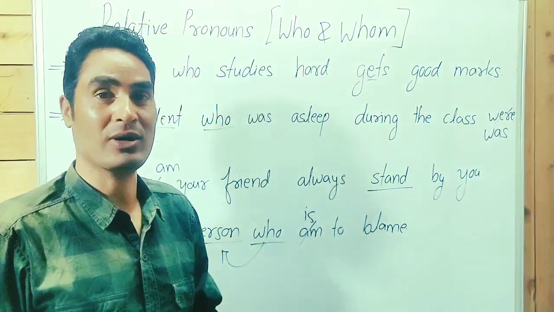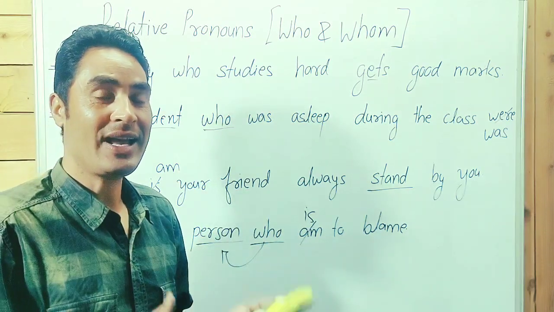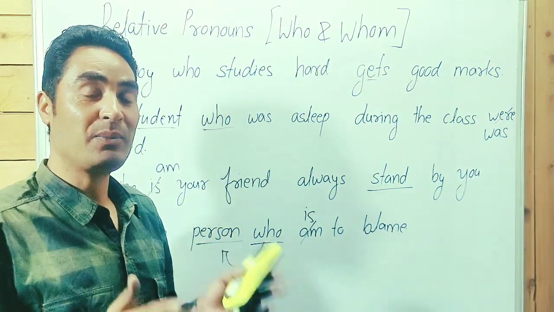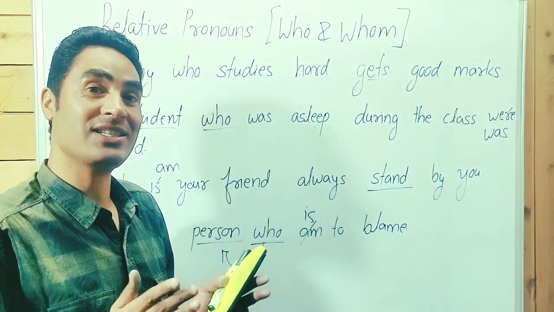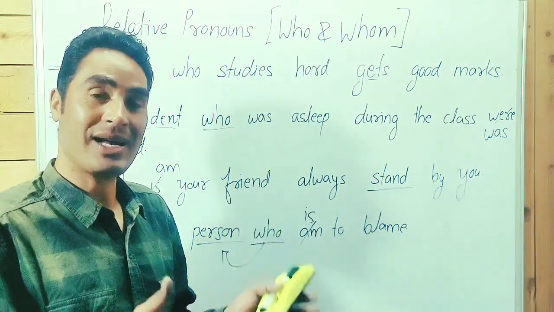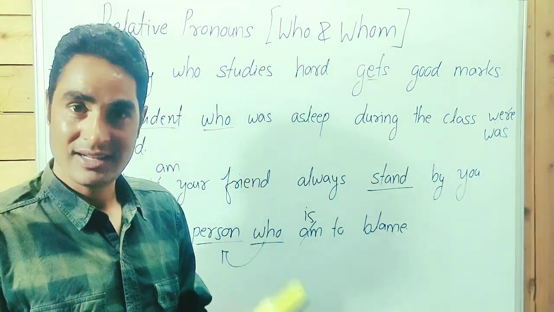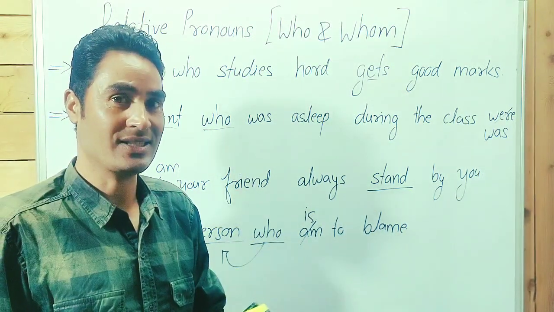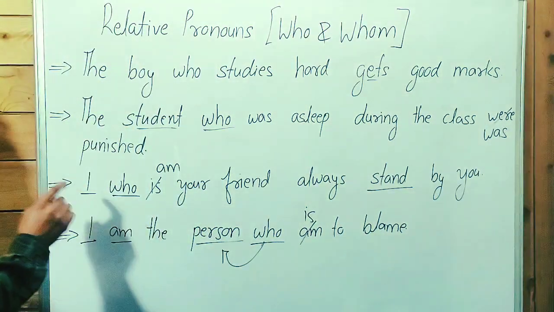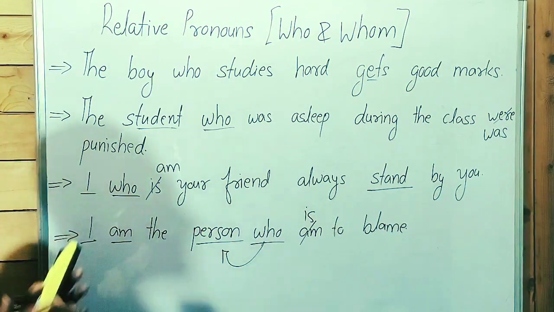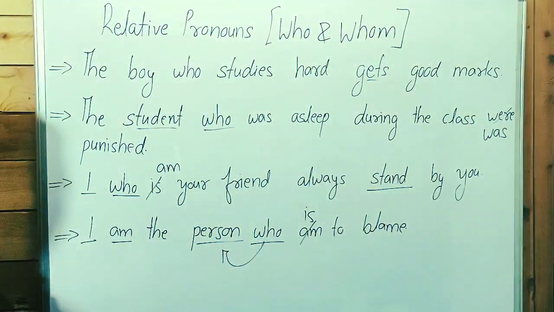I hope you know about person. But guys, a point to be noted: in present tense, I takes a plural verb, and in past tense, I takes a singular verb. "I was" is a singular verb; in present tense, "I am" and "I have" take plural verbs.